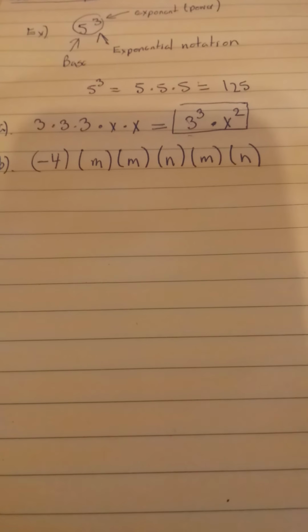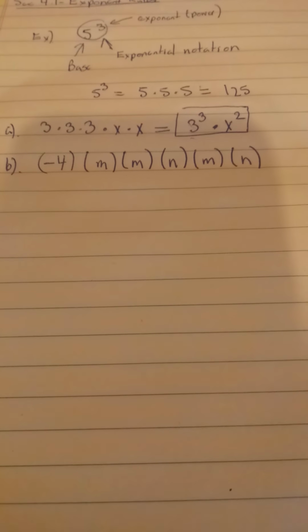Alright, so the idea right here is that we have 3 distinct bases. We have the -4, we have the m, and we have the n.